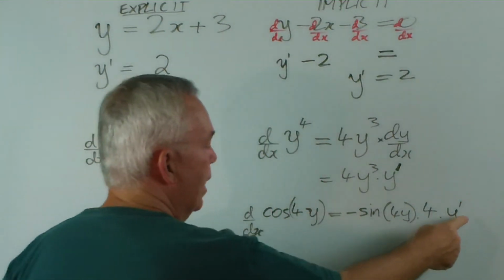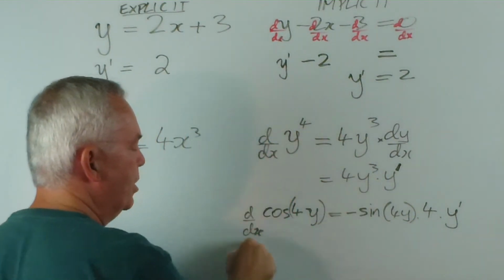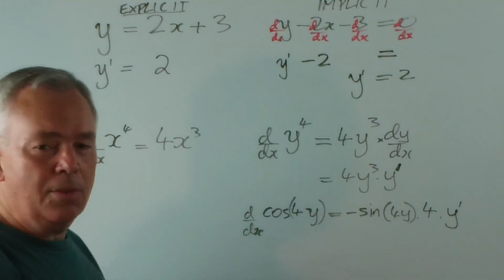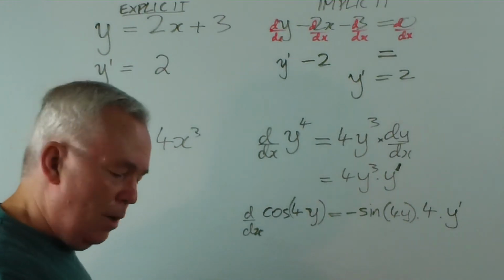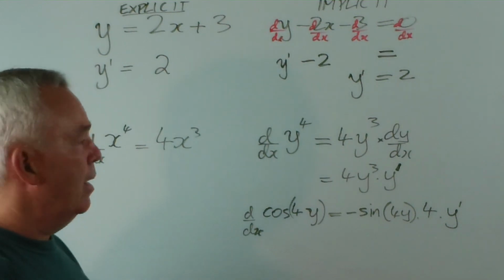There is always a y dash at the end when you're taking the derivative of any function of y with respect to x. That's the thing to watch for. There is never a y dash cubed or squared or anything weird, it's just y dash.